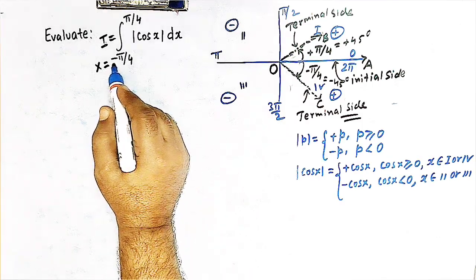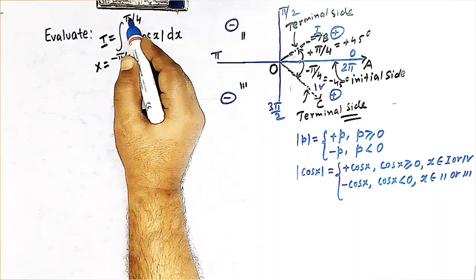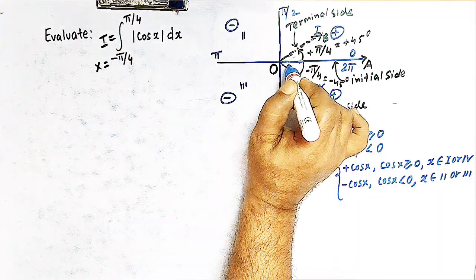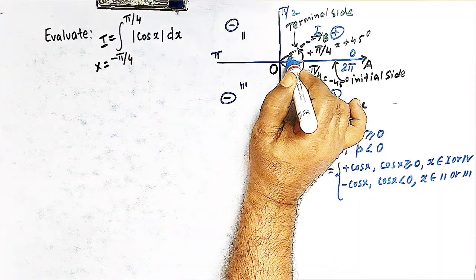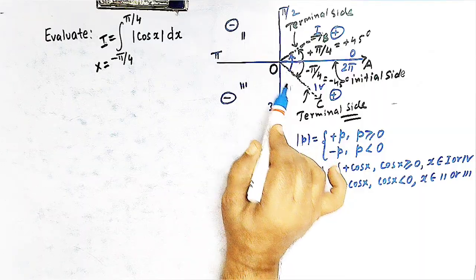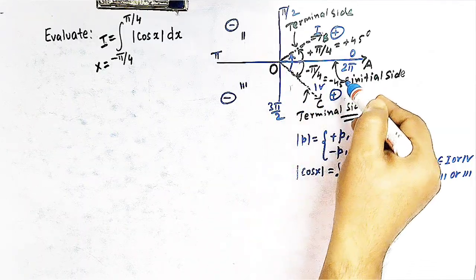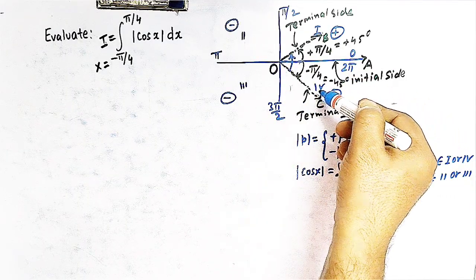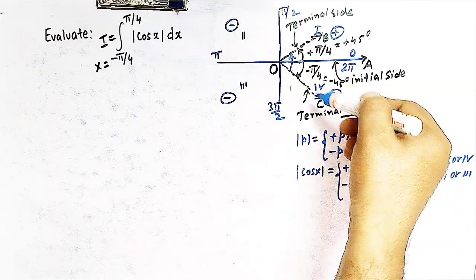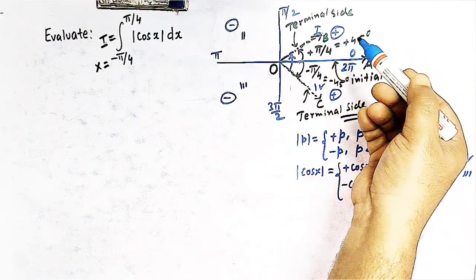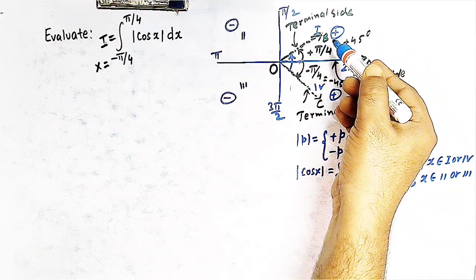So when we have to integrate from minus pi by 4 to pi by 4, that is we have to integrate like this. That is we have to go from positive, that is the fourth quadrant in which cosine function is positive, to the first quadrant where cosine function is also positive.